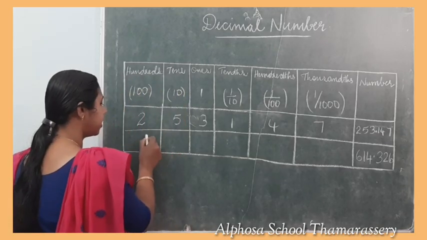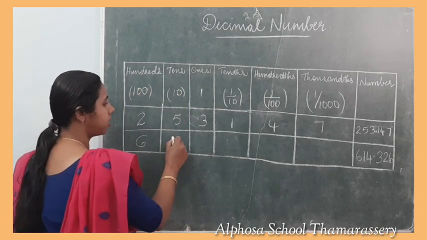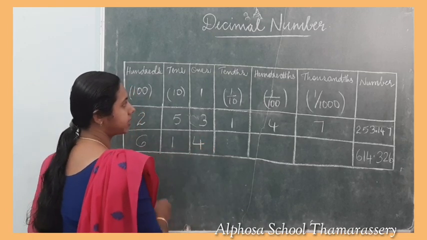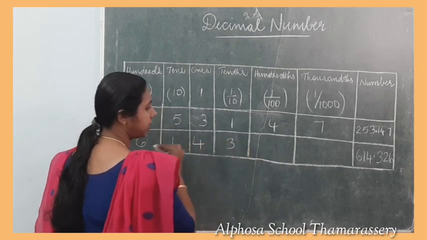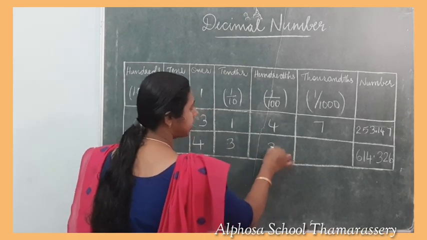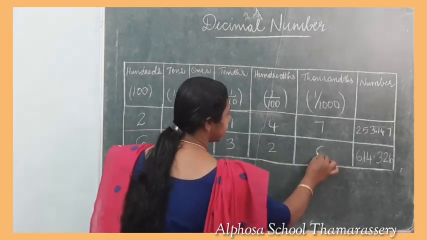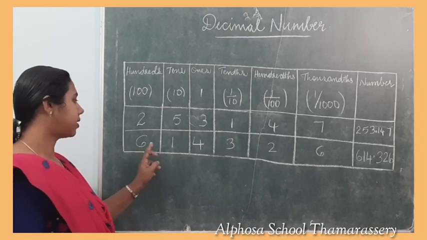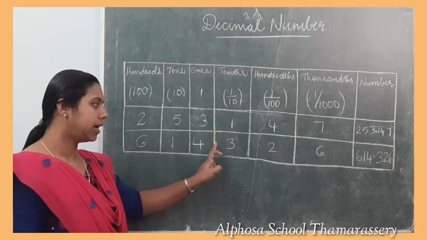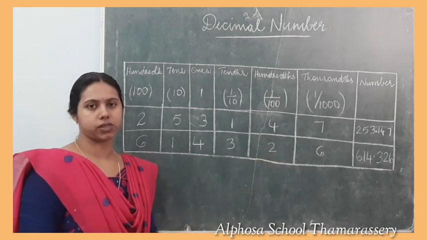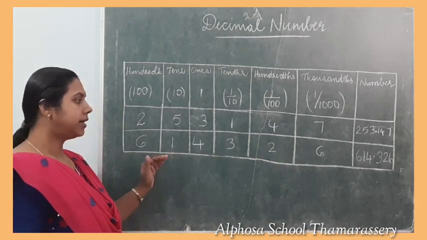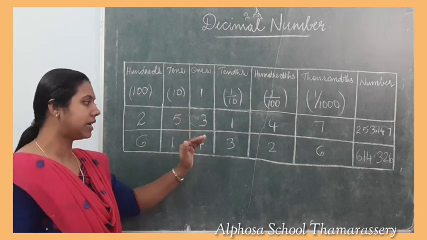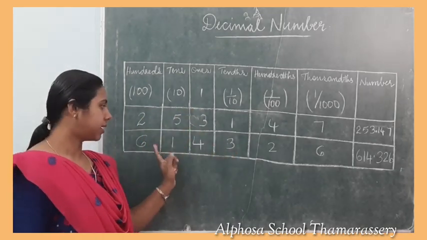So the number is 6 hundreds, 1 ten, 4 ones, 3 tenths, 2 hundredths, and 6 thousandths. So the number is 614.326.